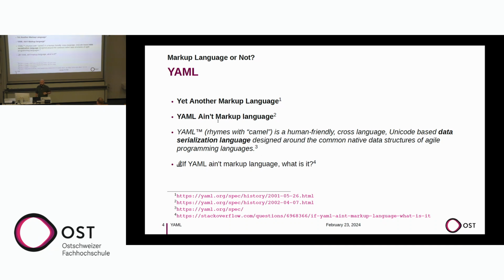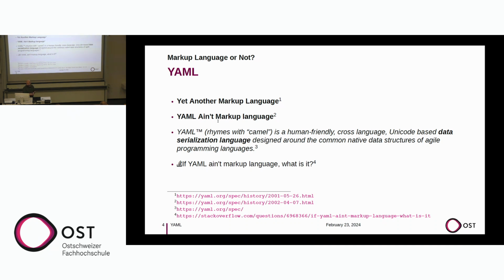So, the first version of YAML was named Yet Another Markup Language. That was in 2001 in this release. But then the 3 guys who developed YAML came to the conclusion it's not really a markup language. It's more a data serialization language. So they changed the name because they wanted to keep the acronym YAML: YAML Ain't Markup Language.